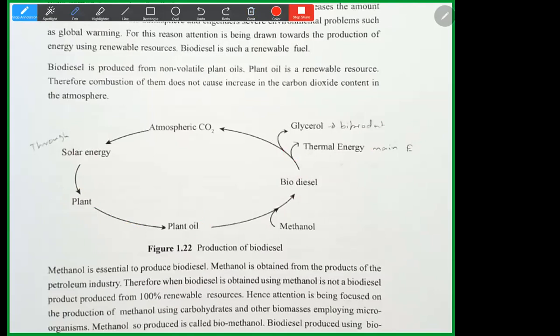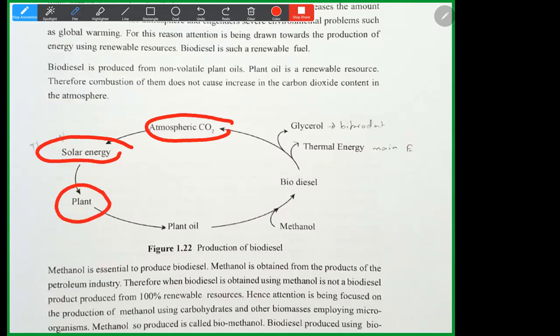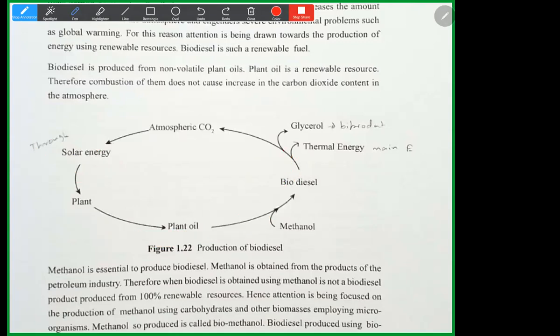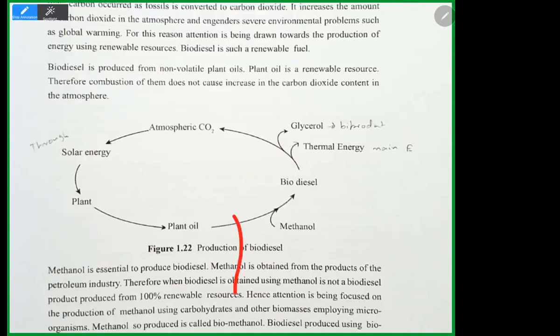And when you burn the biodiesel to get thermal energy, it releases carbon dioxide. But carbon dioxide in the atmosphere, with the support of solar energy, we turn back into plant. So this is very promising, but you know that plants are not growing as fast as this burning of fuels.